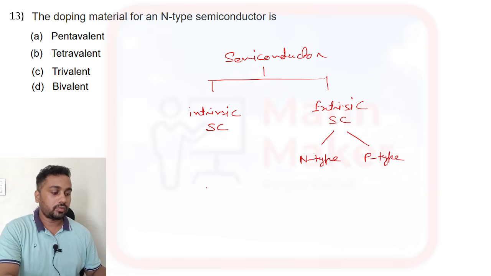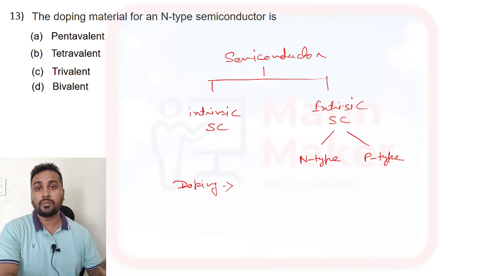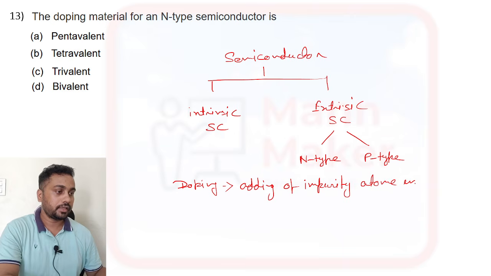So what is doping? Here they have asked about doping. Doping is the process of adding impurity atoms in a pure semiconductor, or intrinsic semiconductor, you can say.